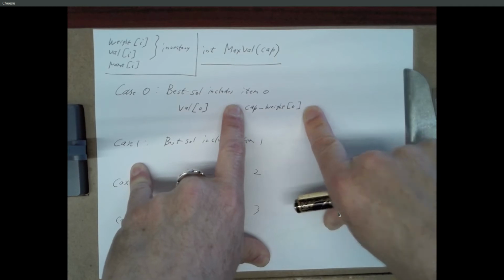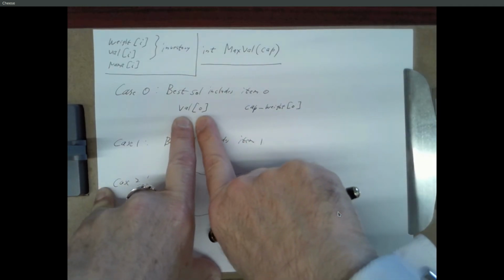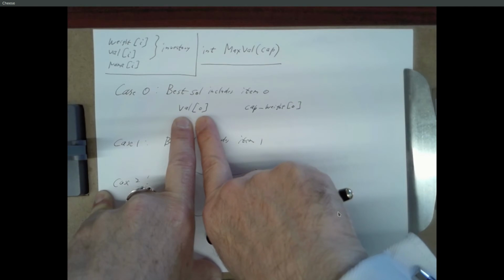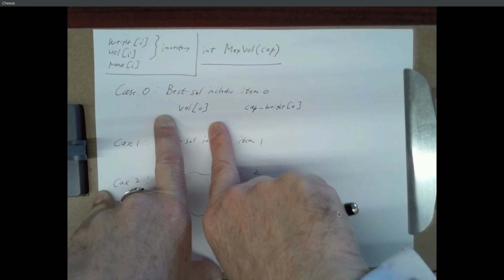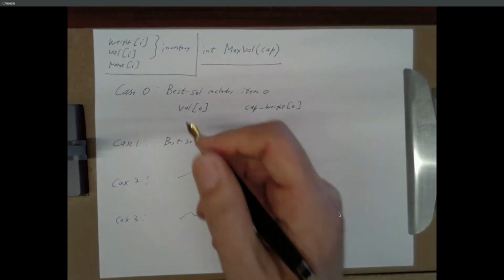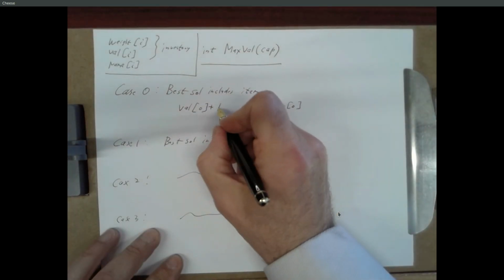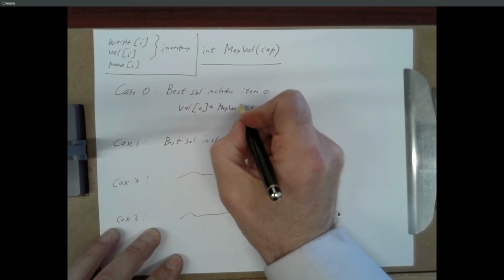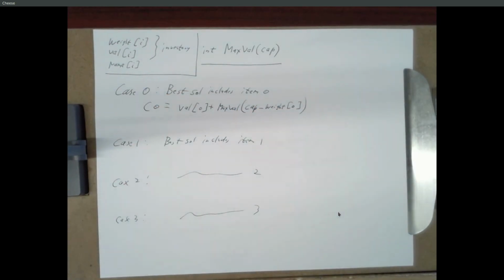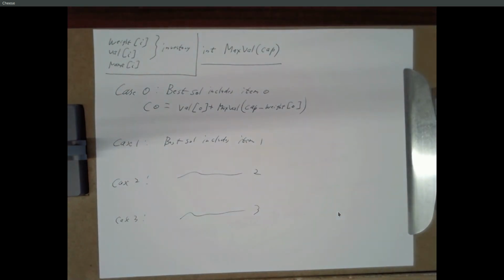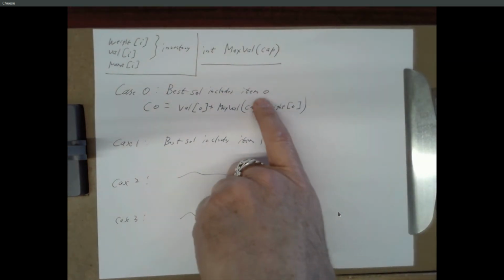Okay, $107 plus the value of item 0, that's the most value that I can get from my 20-pound bag if I put item 0 in it. So if I take the value of item 0 and I add MaxVal of this diminished capacity, I can call that C0. That's the best I'll get if I put item 0 in my bag.